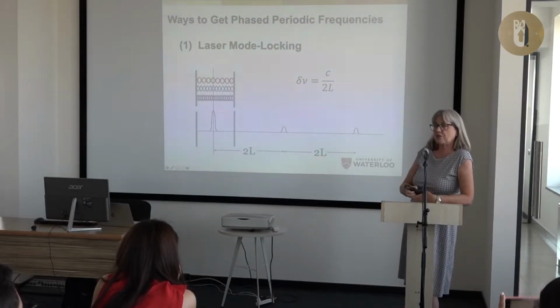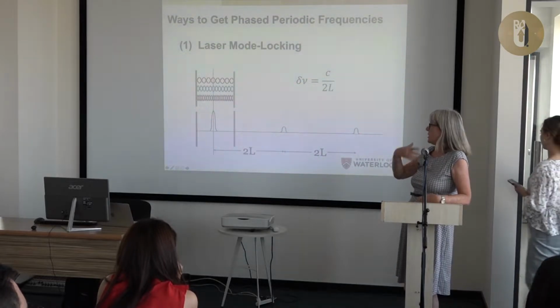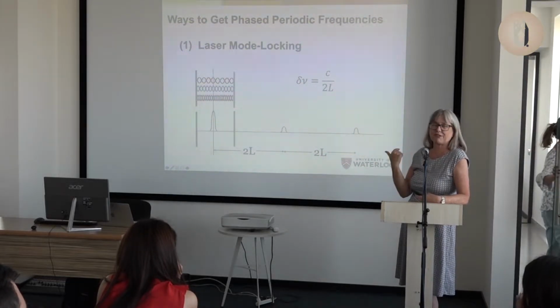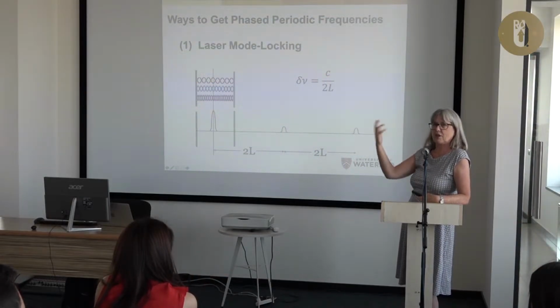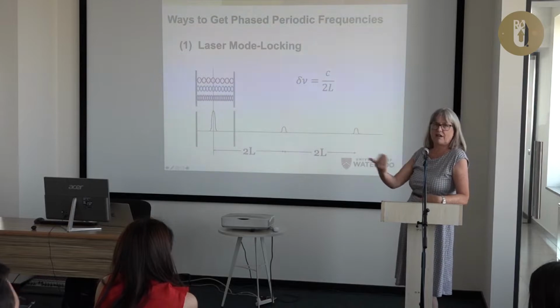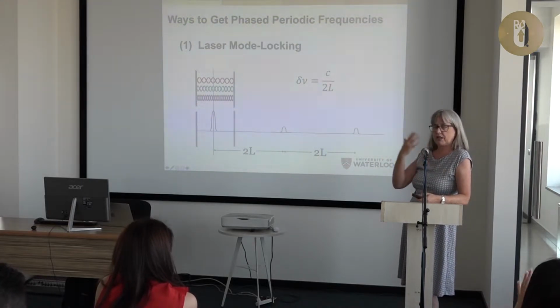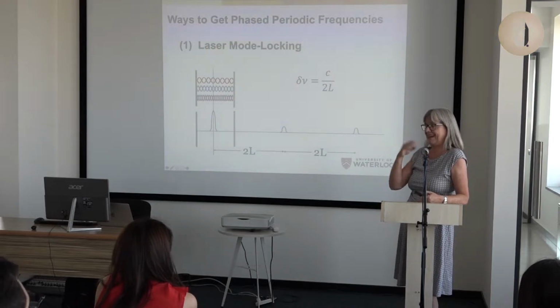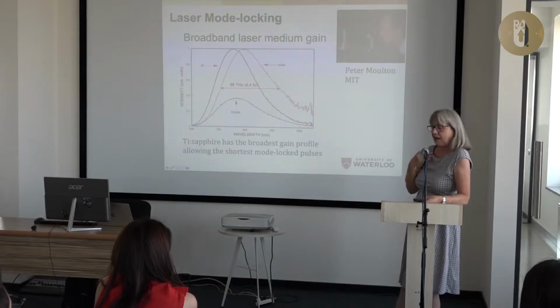So this is great. You can make very short pulses this way, but note that all of the energy is trickling out once every round trip time. And so none of the pulses can be very energetic, because most of the energy stays in the cavity waiting to come around another time again. And so we require amplification, which is, of course, the main name of my game, in order to keep this going.